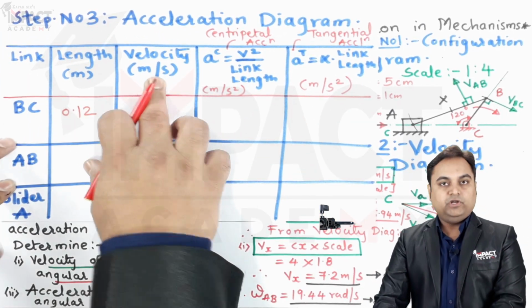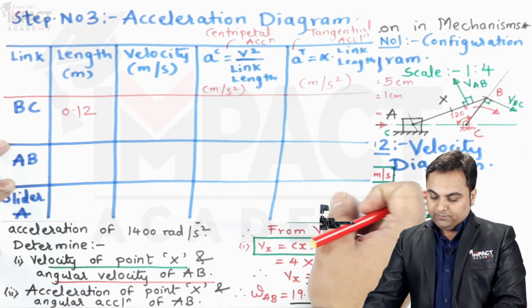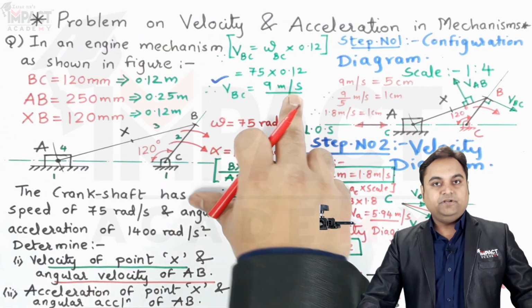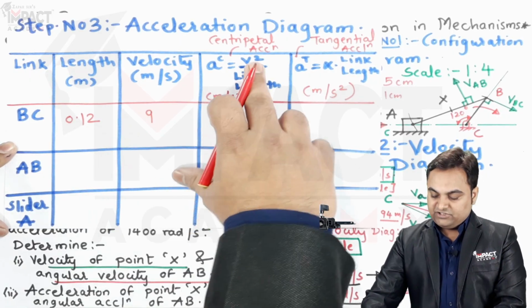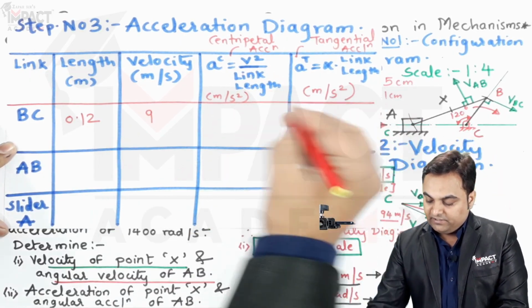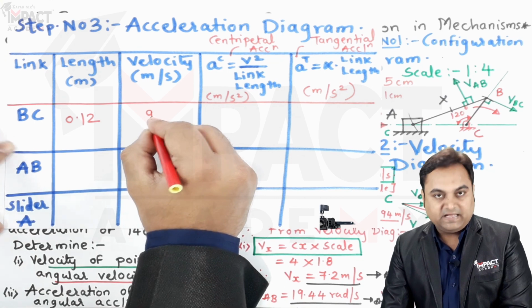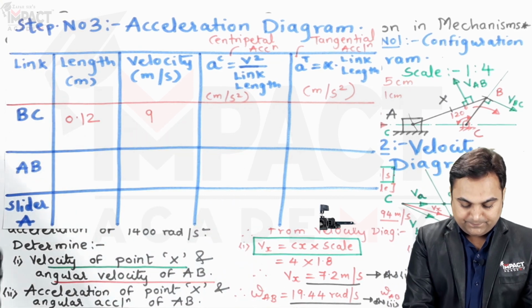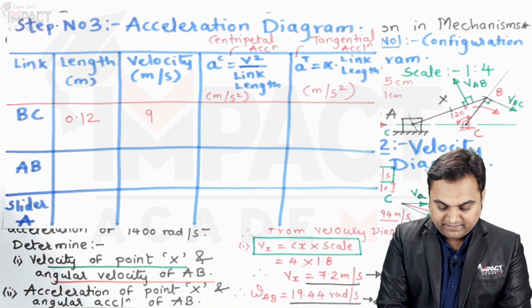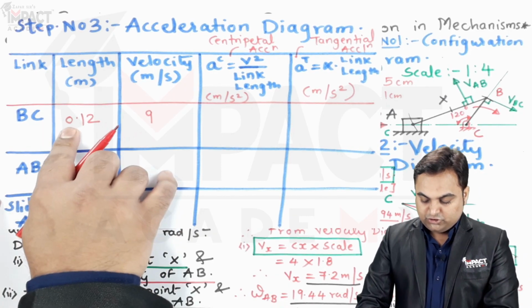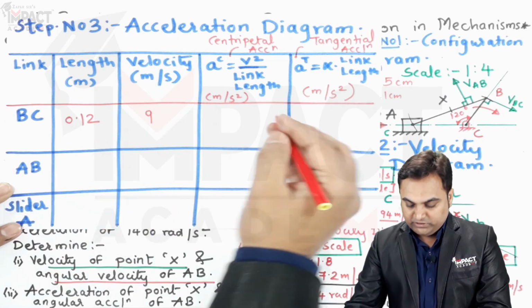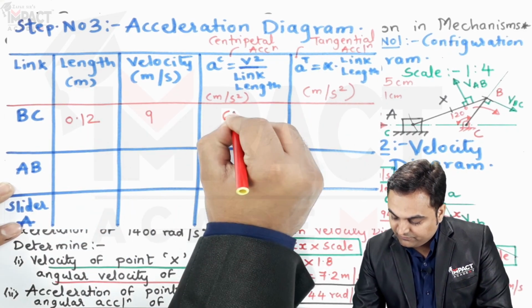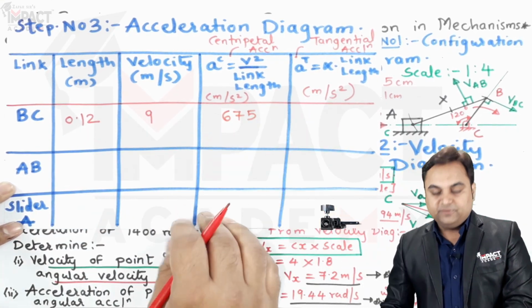meter. Then the velocity of link BC is 9 meter per second. Its centripetal acceleration is velocity square divided by link length. So the velocity is 9, so 9 square divided by link length, which is 0.12. So 9 square divided by 0.12 gives the answer as 675 meter per second square.